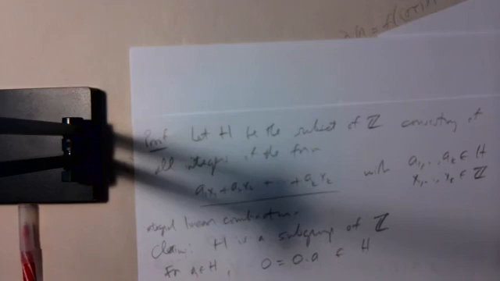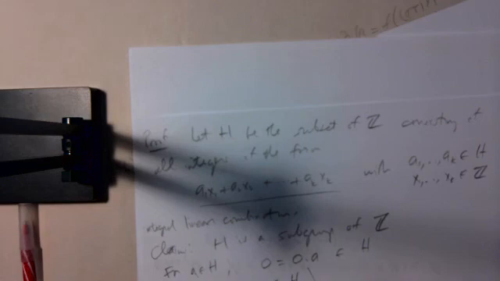And if you have A1 X1 up to A sub K X sub K in H, and A1 prime X1 prime up to A sub K prime X sub K prime in H, you have two linear combinations.